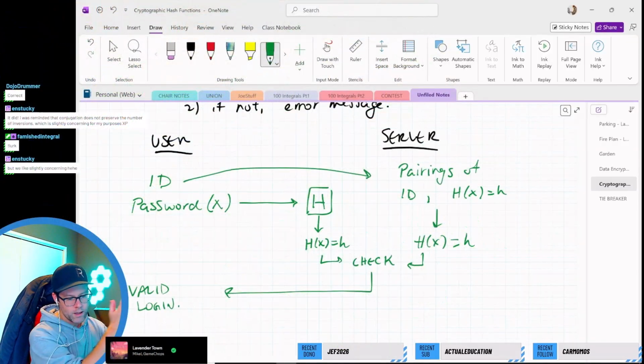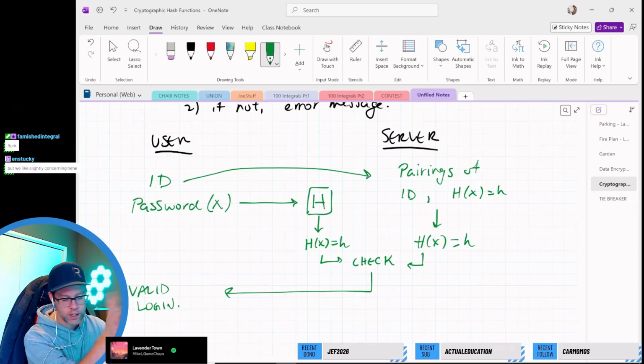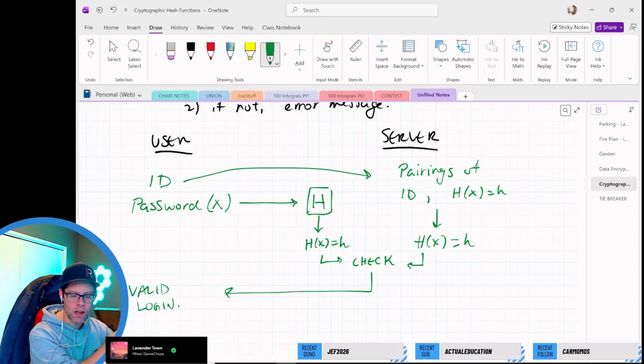So there you go. If we use the ID to go through what's stored on the server, we'll also produce that hash for us. The password will probably get hashed along the way. And then the idea is we now have a handshake or a verification check that things look good. Once we're happy with that check, we get a valid login. And if the hash or the ID, something misaligns in that process, then we're going to get returned that error message of, hey, your ID and password don't match up. You better go check on some stuff.